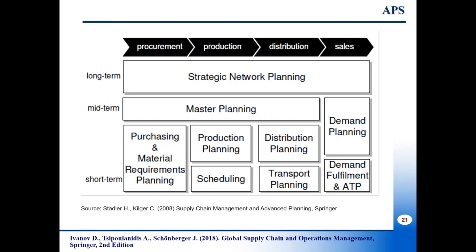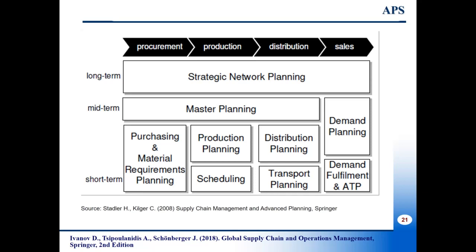In strategic network planning, it includes how many warehouses we need to operate, how many distribution centers, or how many factories or manufacturing centers we need to invest in. And therefore, it is long term, starting from 1 year to a longer term.